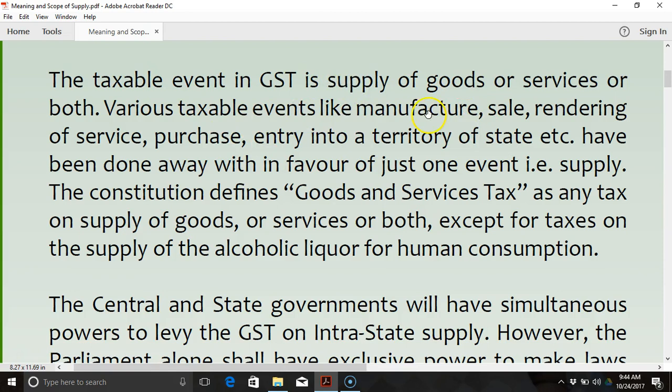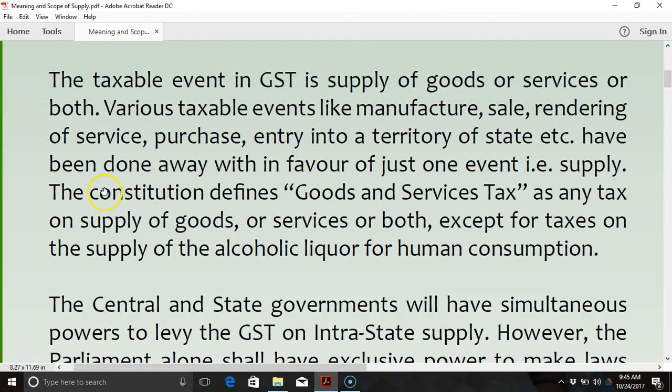Various taxable events like manufacture, sale, rendering of service, purchase, entry into territory of state have been done away with. Why? Because all these, Central Excise, VAT, service tax, etc. have been subsumed into GST. Therefore, manufacture, sale, rendering of service have been done away with. And now, in place of all these, there is only one event, and that event is called supply. That's why in the first line itself, we talk about supply of goods or services or both.